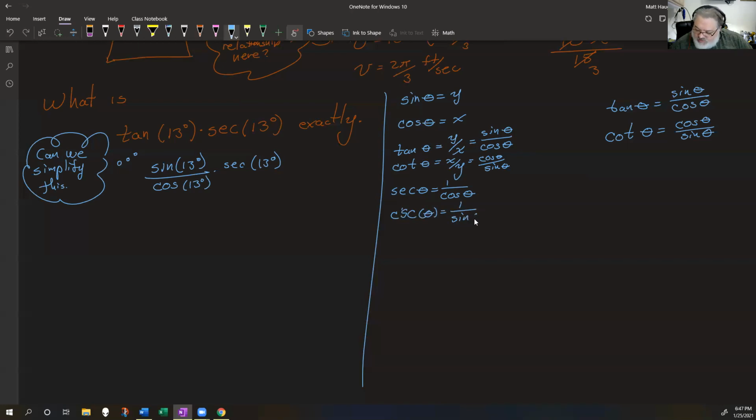So where we see this secant, we could say the sine of 13 degrees over the cosine of 13 degrees, that was our tangent, times 1 over the cosine of 13 degrees.